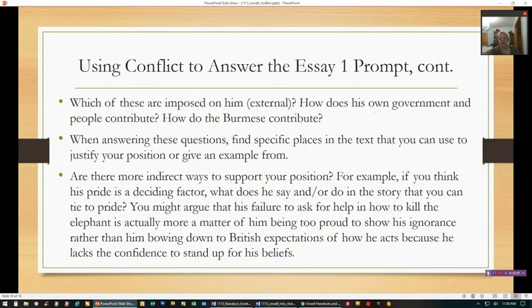So you can say maybe his failure to ask for help, right? If you think he does that because he's just too prideful, well, then you would explain that. Other people might look at that and might ascribe that to fear or lack of wisdom, right? There are lots of ways that you can interpret that. So how do you decide?